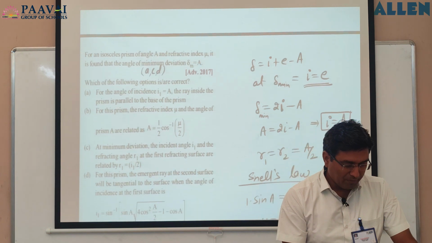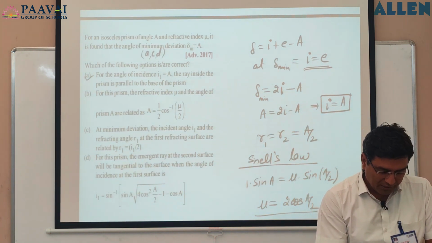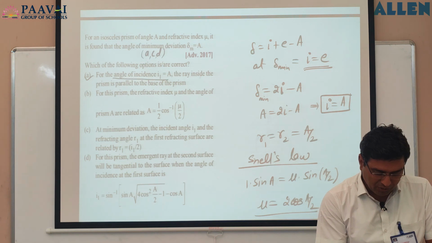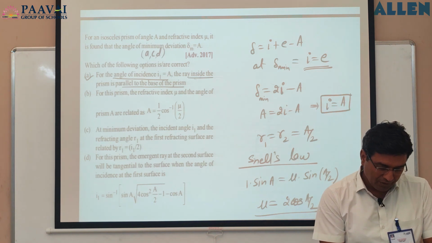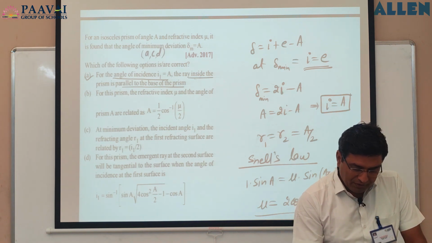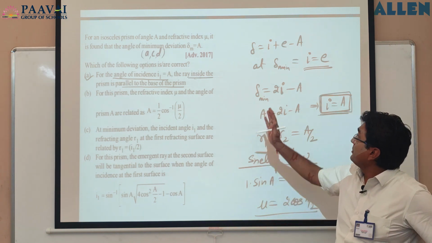So, if you come back to the question here, we can see that the very first option says that for the angle of incidence I1 equal to A, the ray inside the prism is parallel to the base of the prism. How will the angle of incidence be A? You can just see the right hand side, this part.